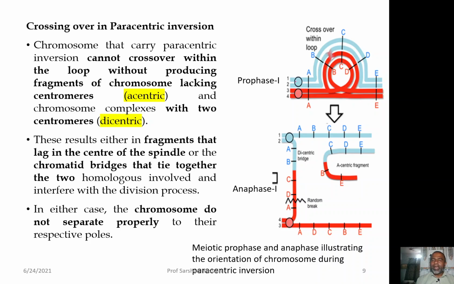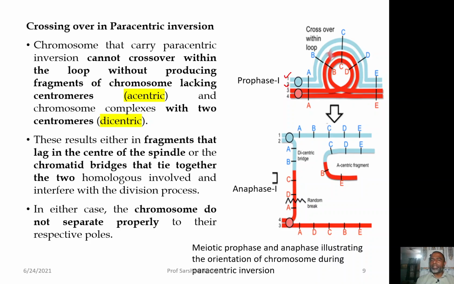Now, say that crossing over takes place over there. When the chromosomes are separated, how will this structure be formed? Let us see. Look at this one: once this chromatid is pulled to the opposite pole, it will have the A gene, then B, then C, then D, then E, so it will remain normal, whereas another chromatid is attached which will have the A. So, look at this.